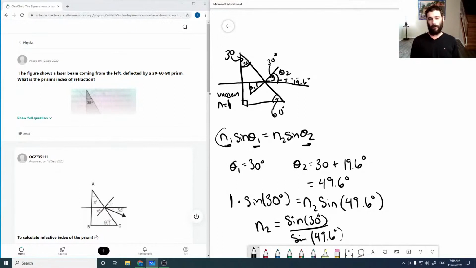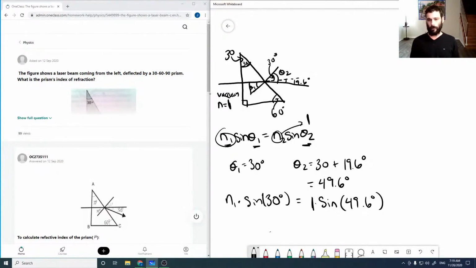So n1 isn't 1, n2 is 1. So n2 is where we're going into vacuum, so n2 is 1, so my mistake. So n2 is 1, n1 is what we're solving for.